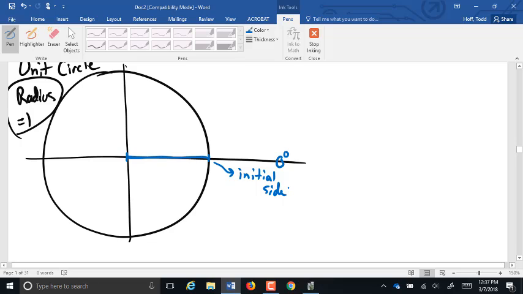Initial side because remember, angles are a rotation from one location to another. Well, the first side of the angle will always be located there at that radius. What's the length of that blue line I just drew in there, by the way? 1. Unit circle. Radius equals 1.